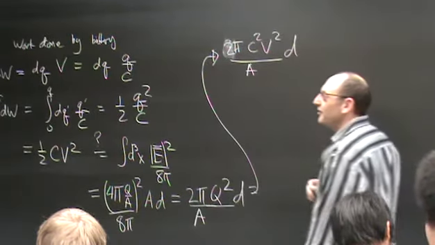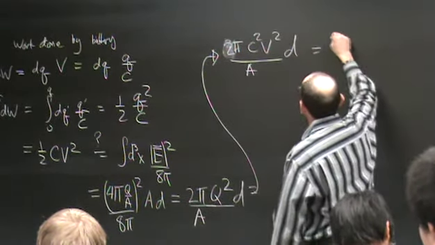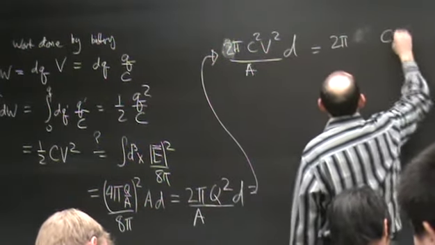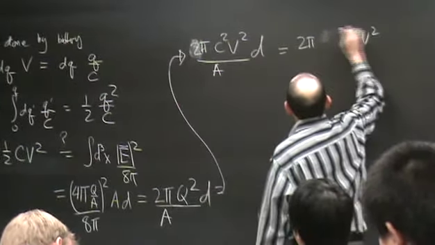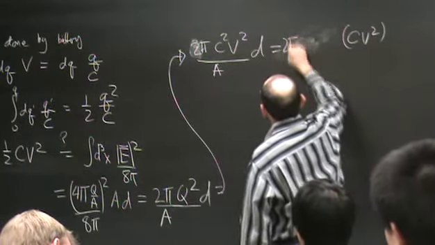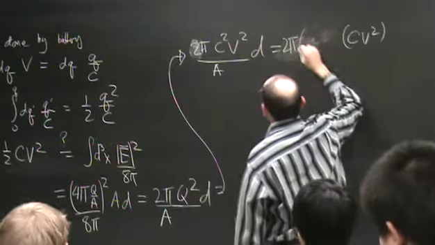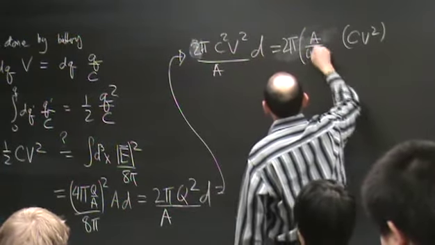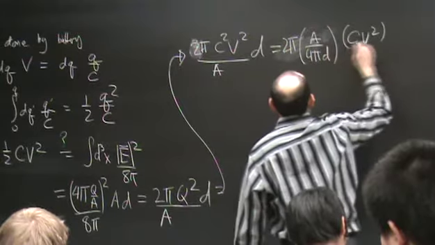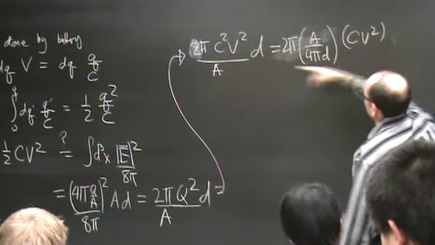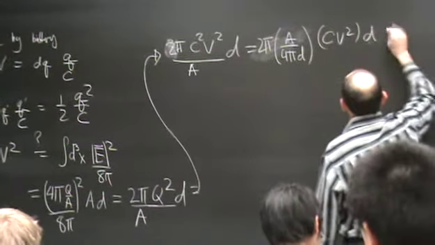Let's plug in for C. So we got 2 pi C V squared. This is a mess. This was a stupid way to do it, but I did it. And the capacitance we said was A over 4 pi D, which gives 1/2 CV squared.